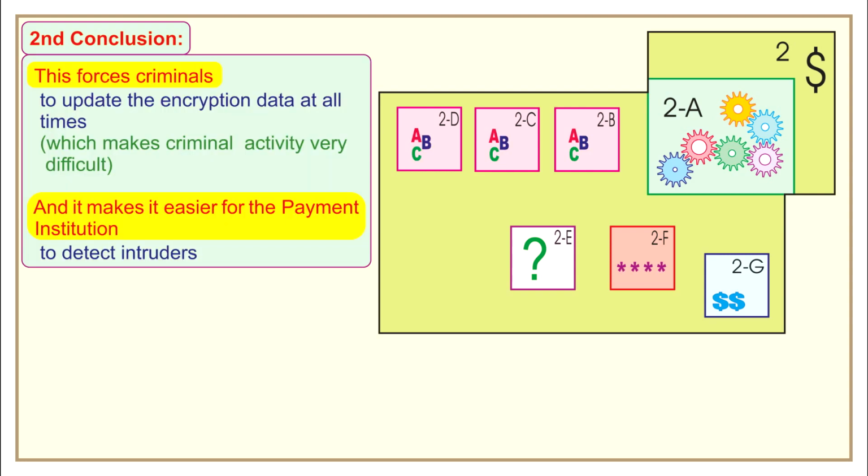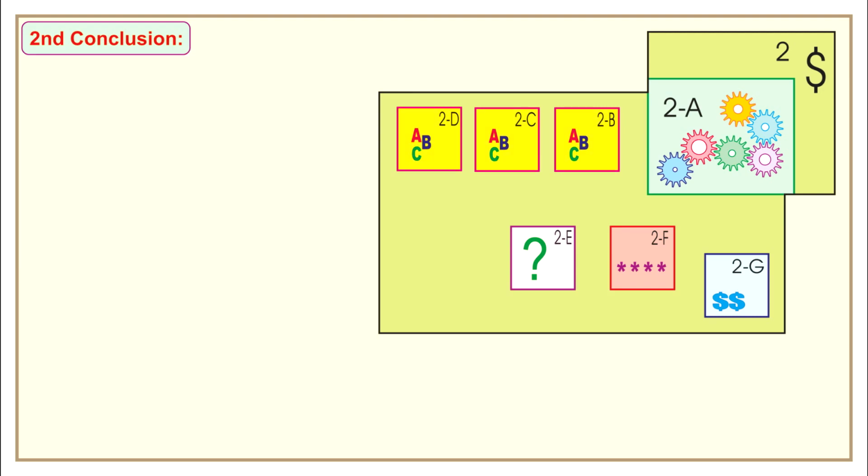This forces criminals to update the encryption data at all times, which makes criminal activity very difficult, and makes it easier for the payment institution to detect intruders. Keep in mind that they have to enter 3 departments at the same time.